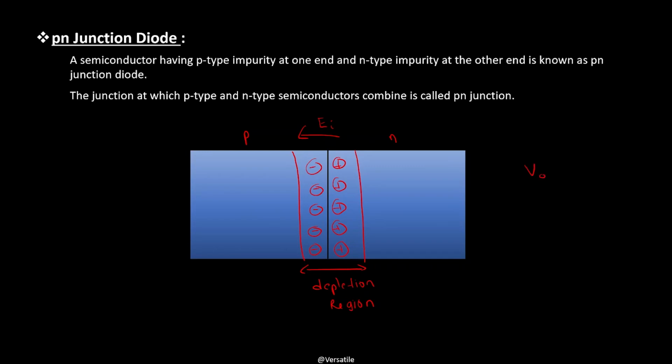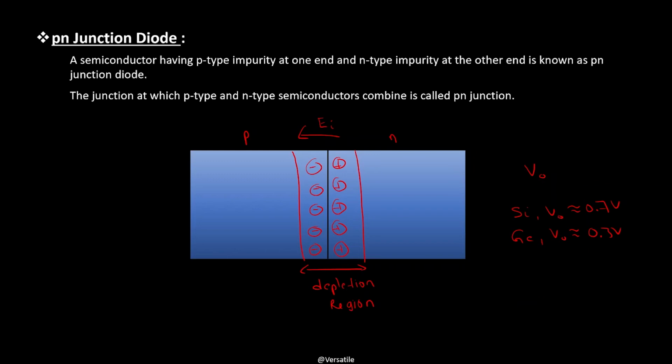And at 25 degrees Celsius, for silicon diodes, the potential barrier is approximately equal to 0.7 volt, and for germanium it's approximately equal to 0.3 volts. And this internal electric field enables the minority carriers, that is electrons in p region and holes in the n region, to flow across the junction.